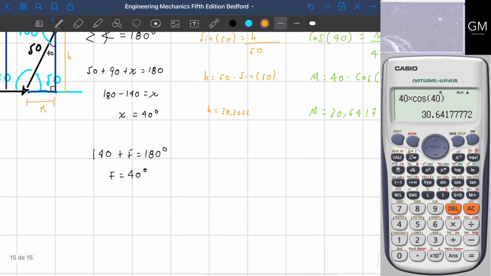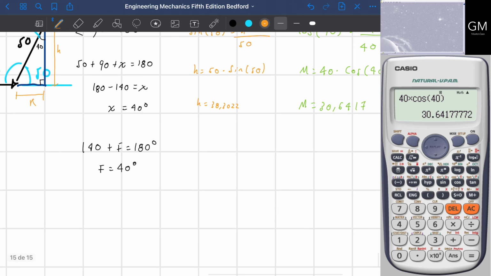So if you want to look for k, then I have to create an equation that looks like this. The cosine of 50 is equal to k divided by 50.